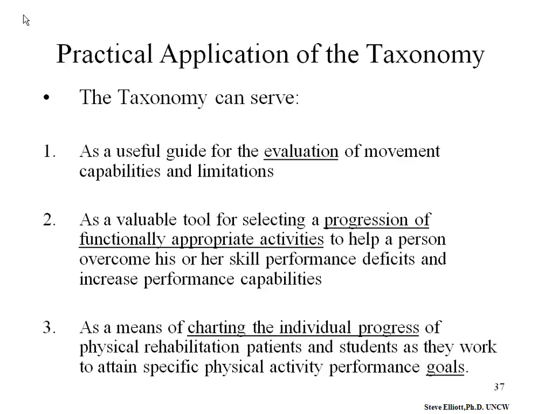And finally, it can help us chart the individual progress of patients and students as they work to obtain specific goals. And as you know, and I'm sure you're learning about in all of your classes, the importance of assessment and keeping records of learning or improvement is very important now, as we have to document that for either insurance companies for therapy or for education agencies to document learning.